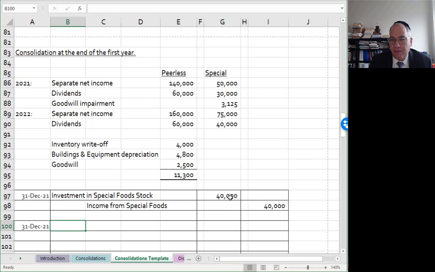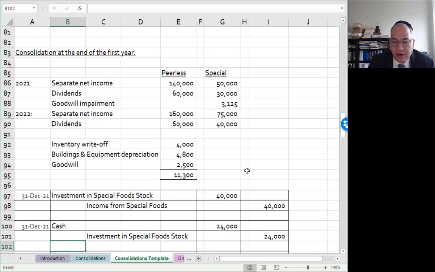That would be the share of the income. Then for the dividends, we would debit cash for our share of the dividends. That would be $30,000 times 80%, or $24,000, and credit investment in Special Foods stock for $24,000.